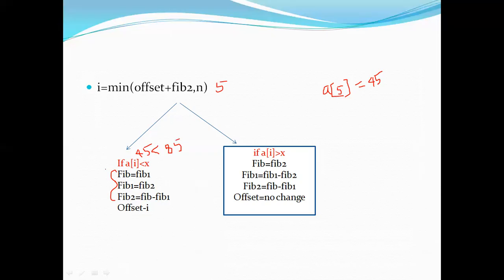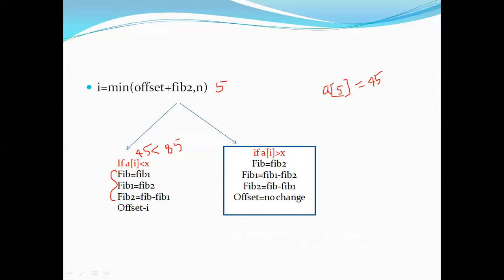We need to update the fib value. That means C is equal to B, and here B is equal to A. Just simply, fib is equal to fib1, we need to take like this. And here fib2 is equal to fib minus fib1. Don't worry, you just need to check it out.